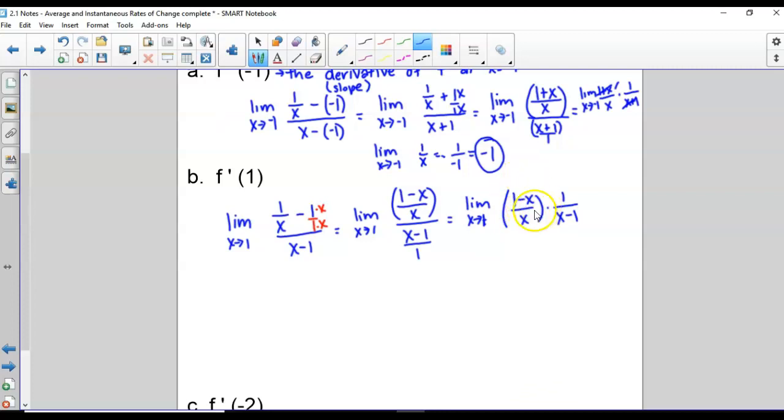Pull out a negative 1. So either one of these, I'm going to pull out a negative 1 out of this one. So this is going to be the limit as x approaches 1 of negative x minus 1 over x times 1 over x minus 1. And now those x minus 1s can cancel. And that's going to leave us with, don't lose your negative up here, negative times 1 gives you negative 1 over x. And if we plug in 1, negative 1 over 1 is also negative 1.